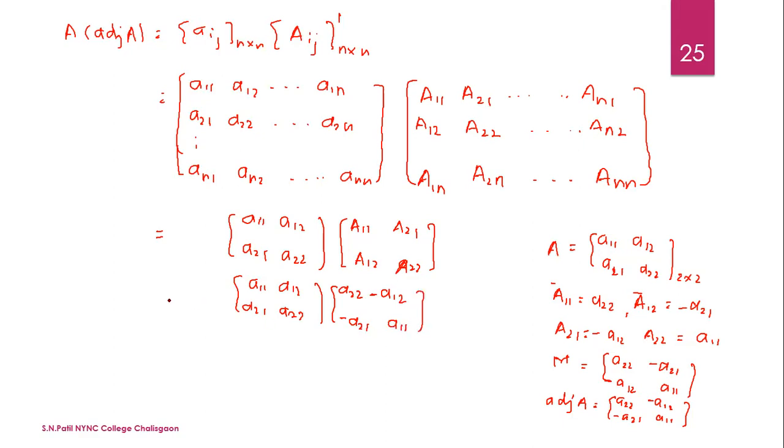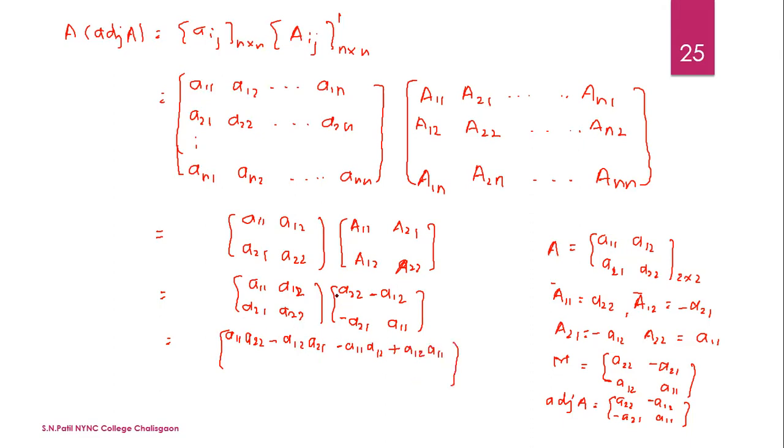Now let us find the product. The first row is multiplied by the first column: A11 into A22 minus A12 into A21. The first row multiplied by the second column: A11 into minus A12, plus A12 into A11.